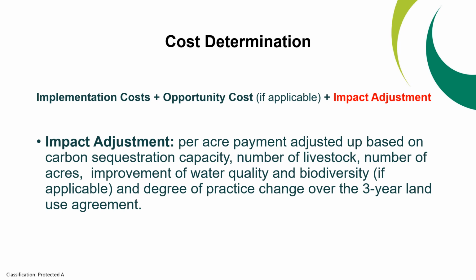This adjustment is based off of the full implementation cost total that is eligible. Opportunity costs are not included in this calculation. Note that this adjustment could be up to 15%, but it could be less depending on the impact of the project.